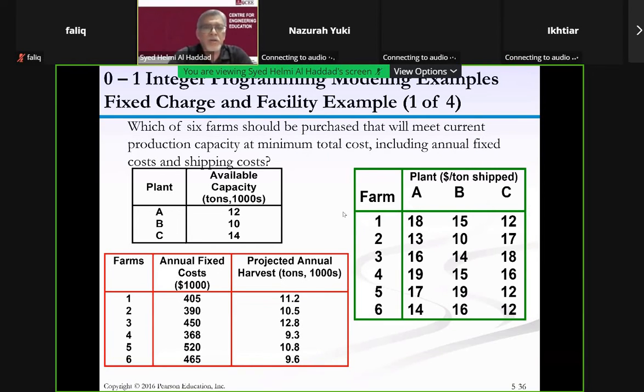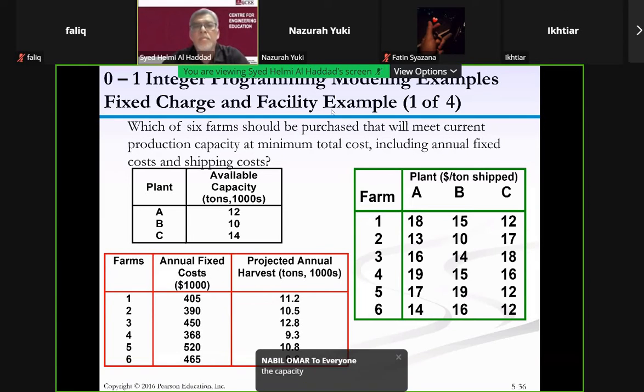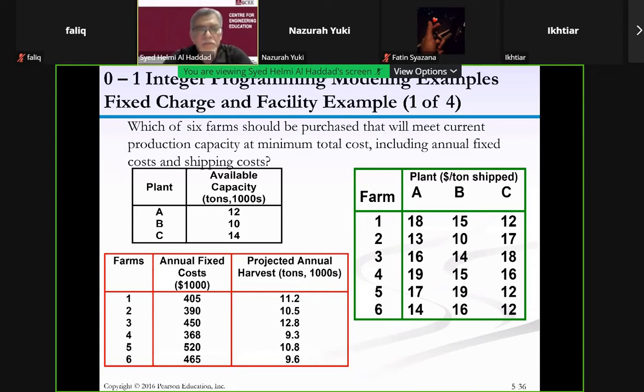Okay, what about your constraints? What are your constraints? The constraints will be the fixed cost and also the capacity. Can you voice out what you mean by capacity? Let's say the available capacity.